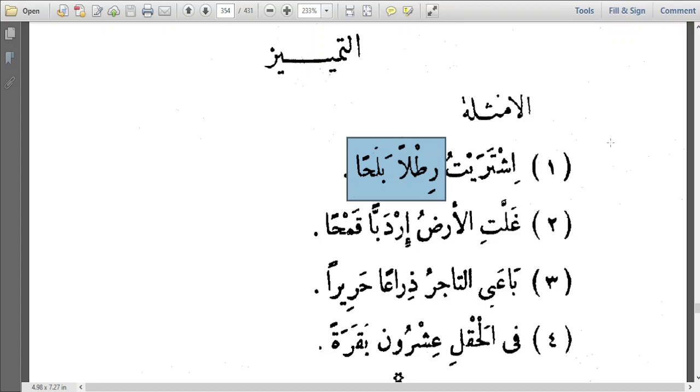The measurements of retl, or retlun or ratulun, both pronunciations appear in the Arabic dictionaries if you check. In Arabic lands the measurements differ, but basically we say that is a pound. Some say that is 500 grams. So he says, Ishtaraitu retlan, I bought a pound.